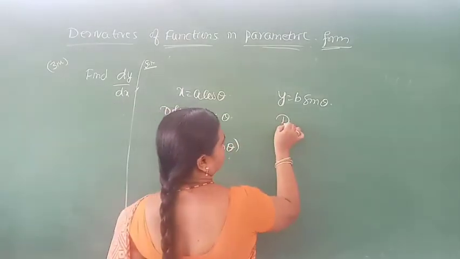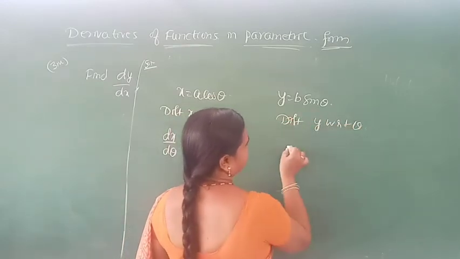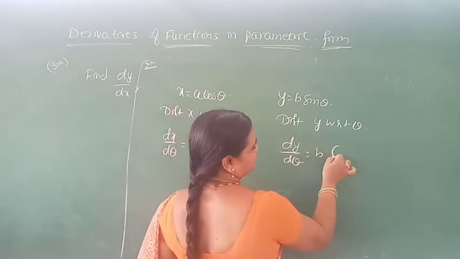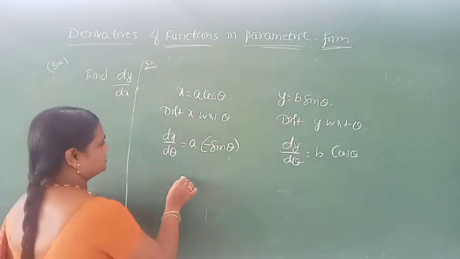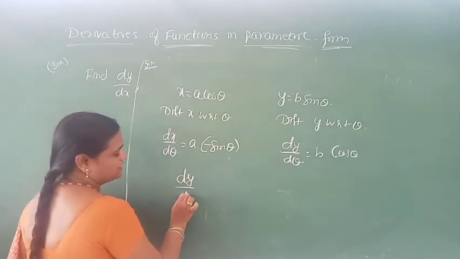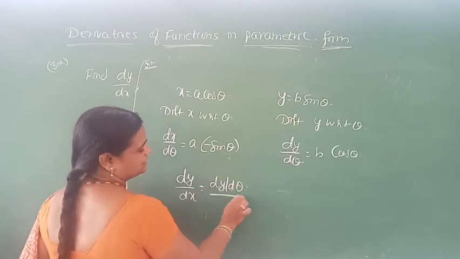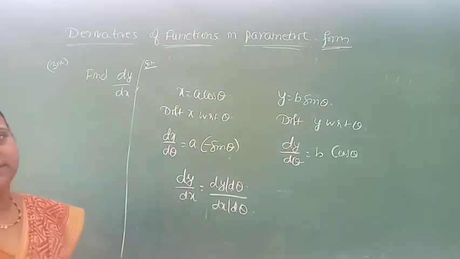Next, differentiate y with respect to theta: dy by d theta, b as it is, sin theta differentiation is cos theta. Next, dy by dx is dy by d theta divided by dx by d theta.